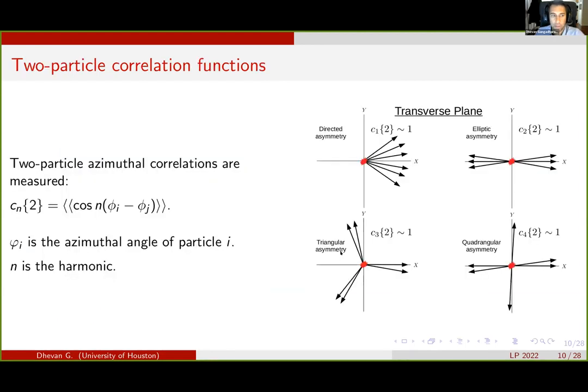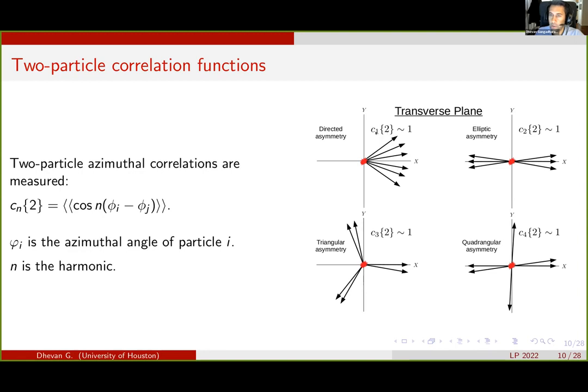So we studied two-particle correlations, and you'll see later on this c_n{2}, which is just the average value of cosine n delta phi, where delta phi is the difference between the phi of particle 1 and the phi of particle 2. And n is the harmonic, which characterizes the shape, the topology of the event. I give you a rough schematic of what to expect.